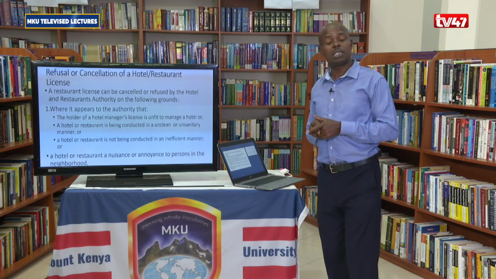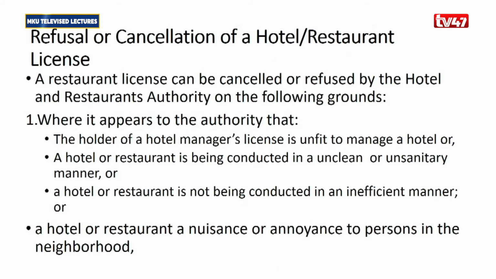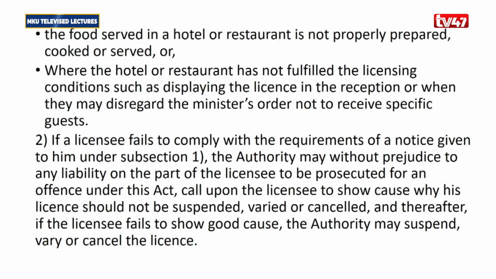There are some hotels that are built where it is not recommended for them. Then it becomes a nuisance to the neighborhood. Then, in that case, the law requires that the owner be denied the license.